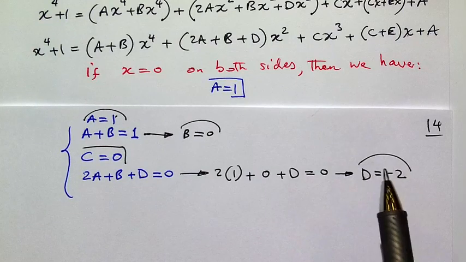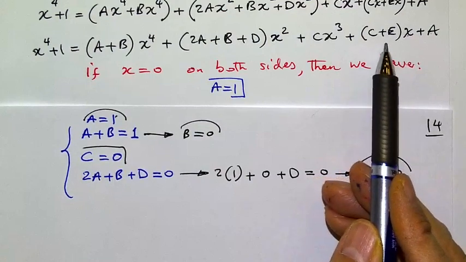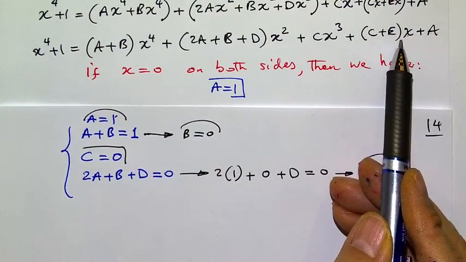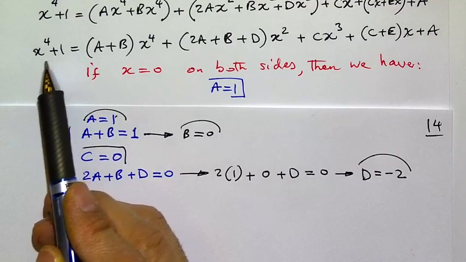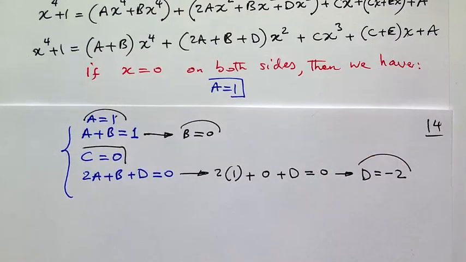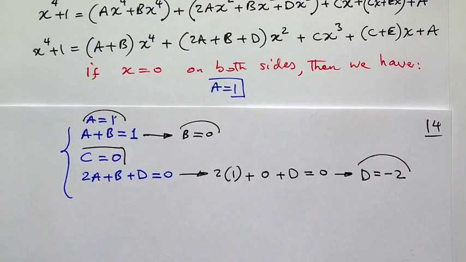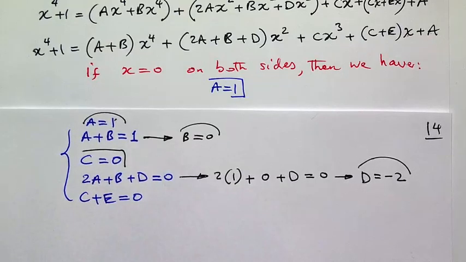So the last thing, here, we have C plus E that are factors of x. On the left side, do we have an x? There's no x on the left. So C plus E must add up to 0. So let's write it down. C plus E must be equal to 0.